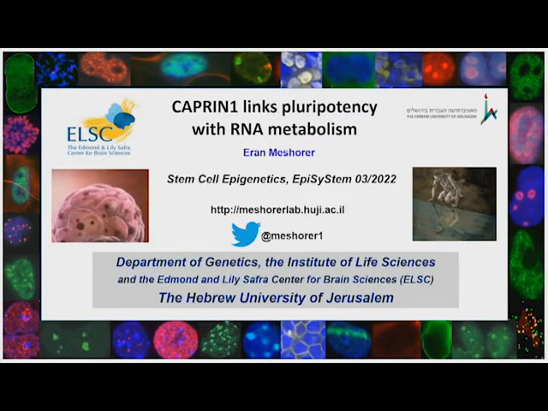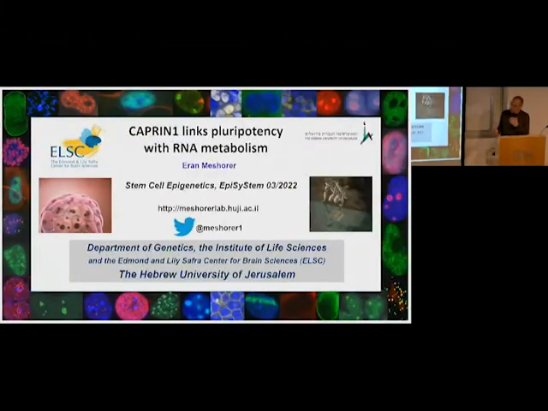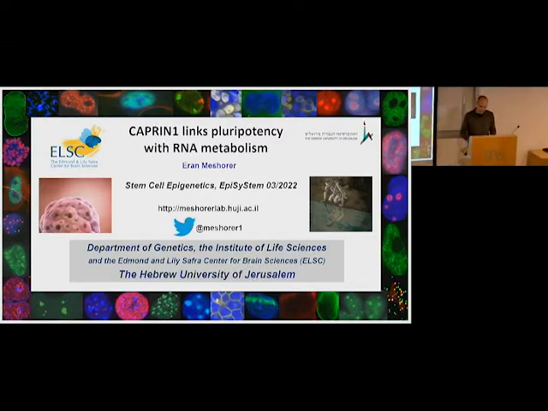Right. So in the context of Episystem today, I thought that it would be a good opportunity to talk about this work that is spearheaded by one of the Episystem students, Giuliani, and I also mentioned some of our other students, Patrick.